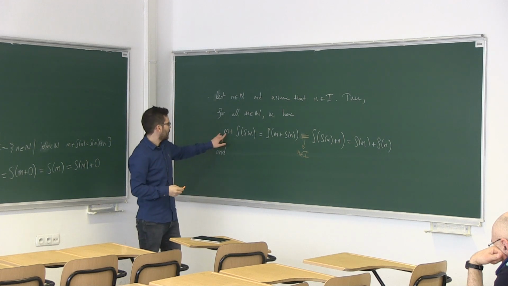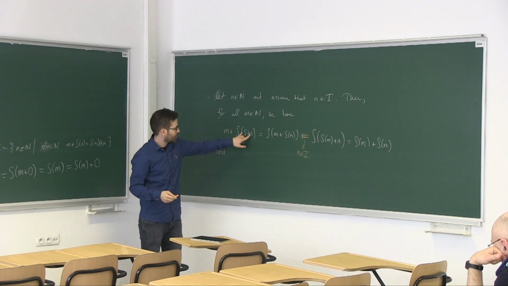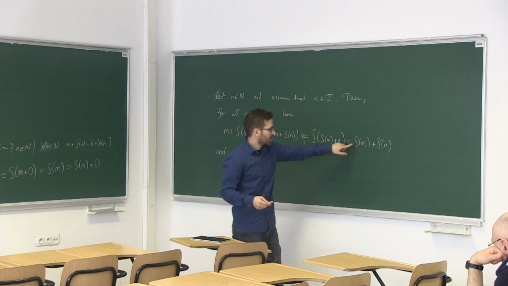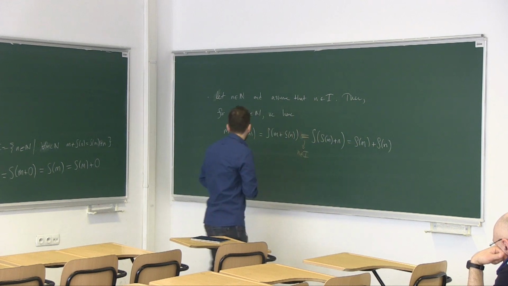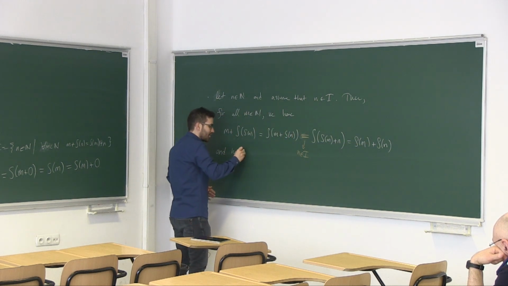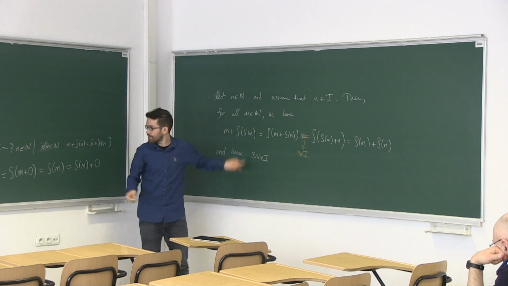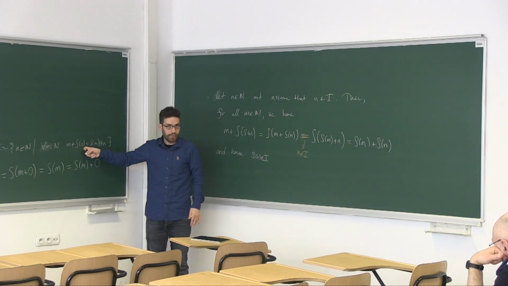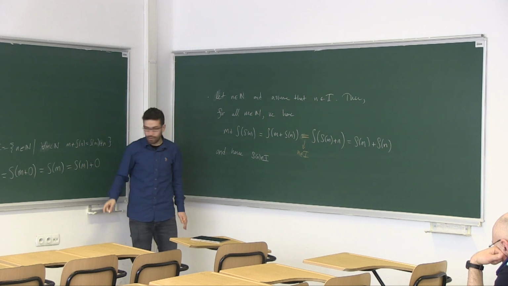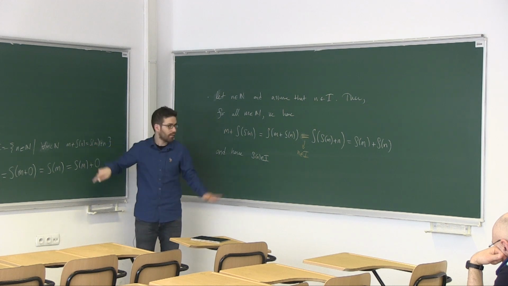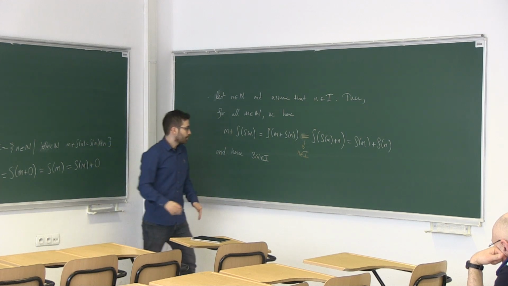Now, what have I proven? m plus the successor of n equals the successor of m plus the successor of n. This is true for all m. This means that s of n is in I because s of n satisfies this. Okay? I plugged in s of n here and it's satisfied.